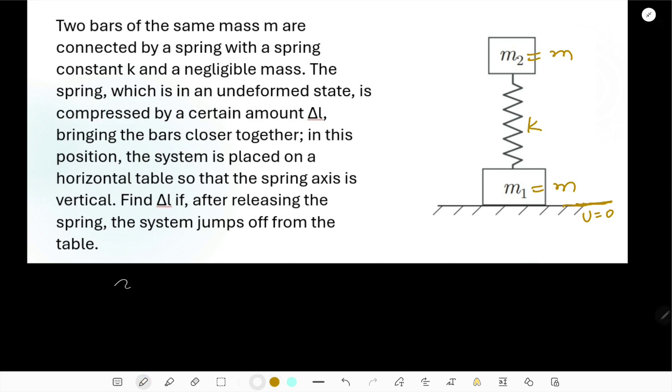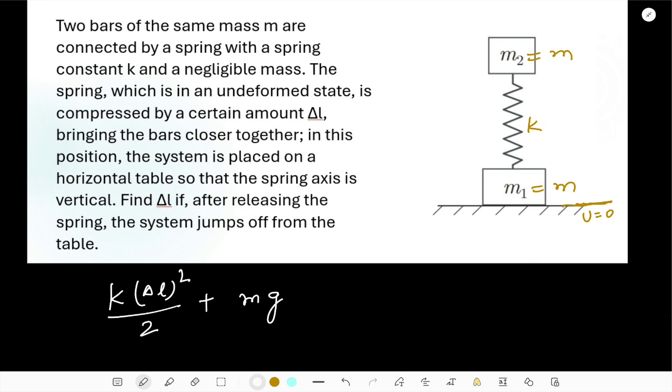Initially, the energy loaded in the spring was simply k delta L square upon 2, plus ऊपर वाले ब्लॉक का. नीचे वाले ब्लॉक का तो ग्रेविटेशनल पोटेंशियल एनर्जी हमें लिखना नहीं इनिशियल स्टेट में, ऊपर वाले का लिखना है, that is m g. And I need to consider the natural length of the spring, that is the undeformed length.